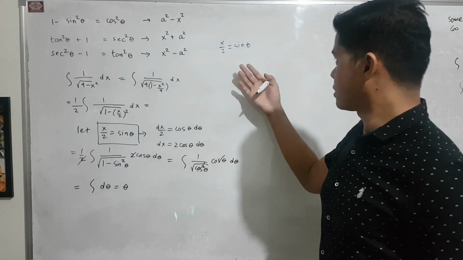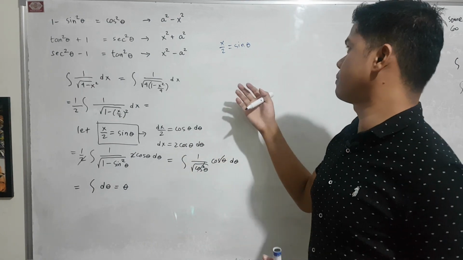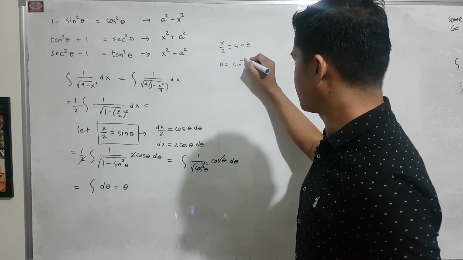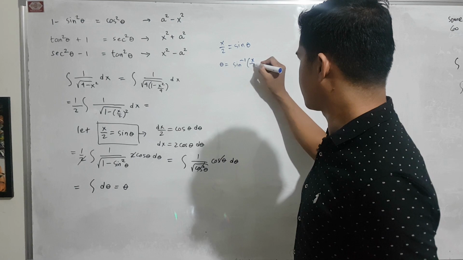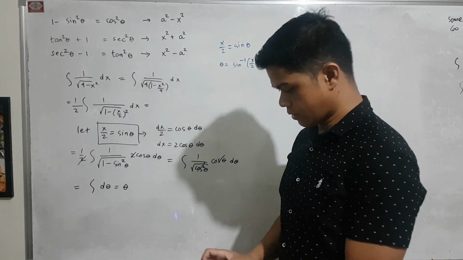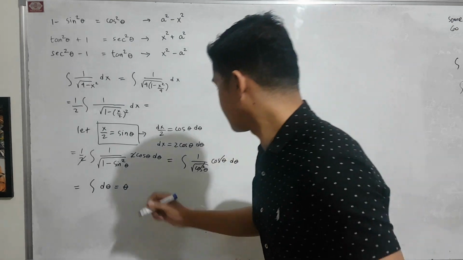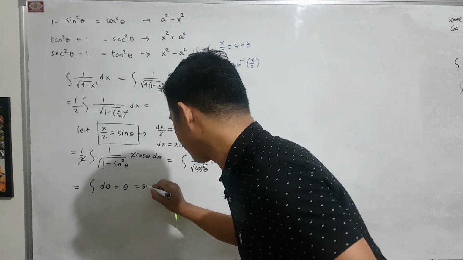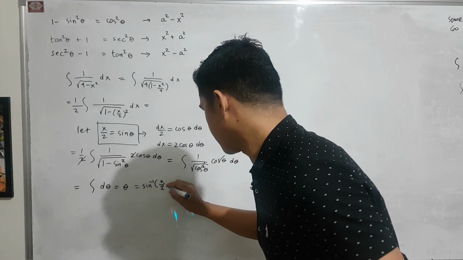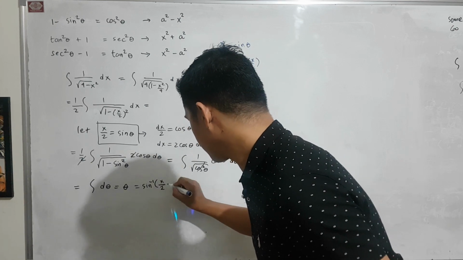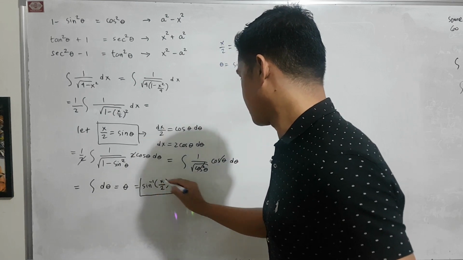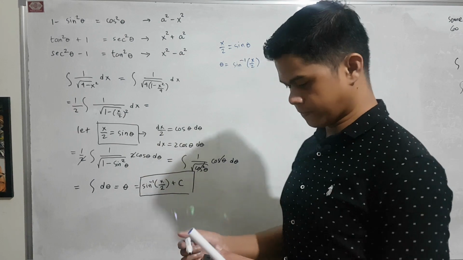Of course, we just take the inverse sine of both sides. So theta would be the inverse sine, or sine to the negative 1, of x over 2. So our answer will be the inverse sine of x over 2, plus C. This is our answer to our integral.